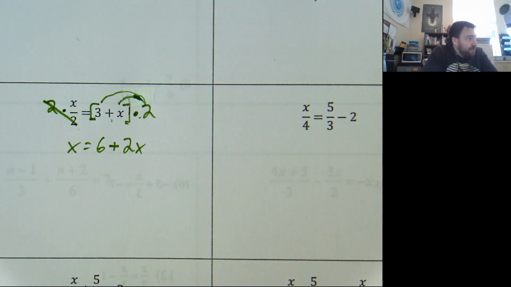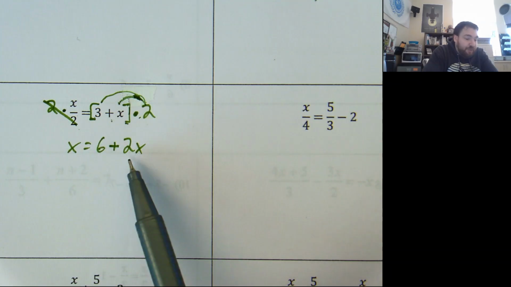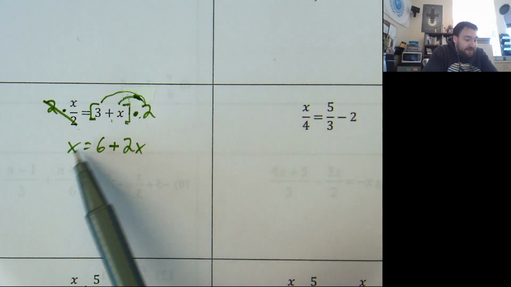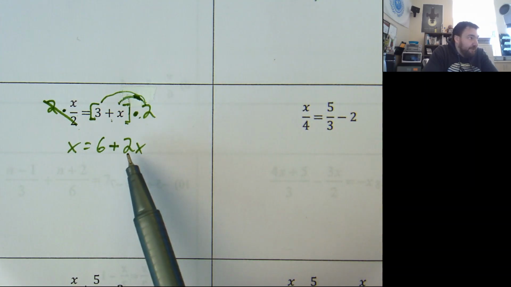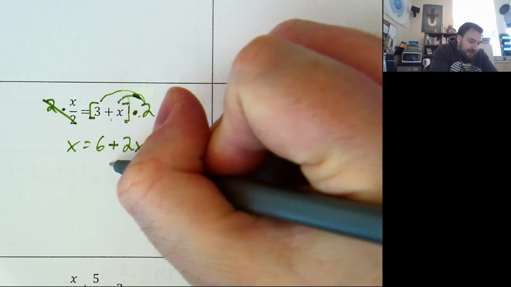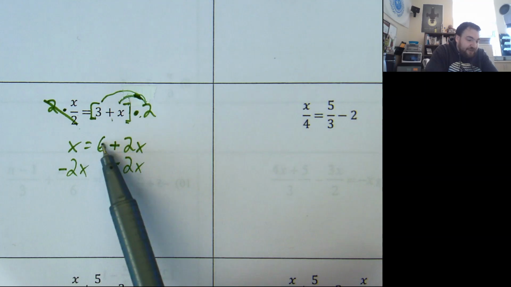I want to bring all my letters over to one side, and I want to get all the values over to the other side. Unfortunately, what that's going to mean here is if I've got x equals 6 plus 2x, to isolate the variable by doing the least amount of work, I am going to make the variable negative. I'm going to subtract 2x on both sides so that this value stays over here.